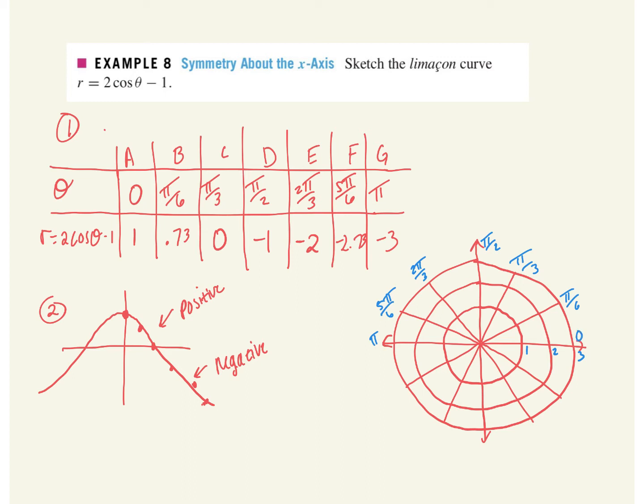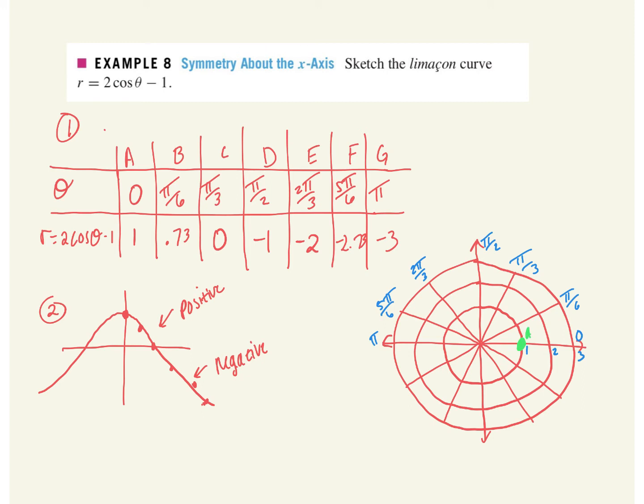I'm going to try plotting now in green, and I'll label the points on this curve in green with A through G. So point A is at 0, 1. Right, so that means we are right here.